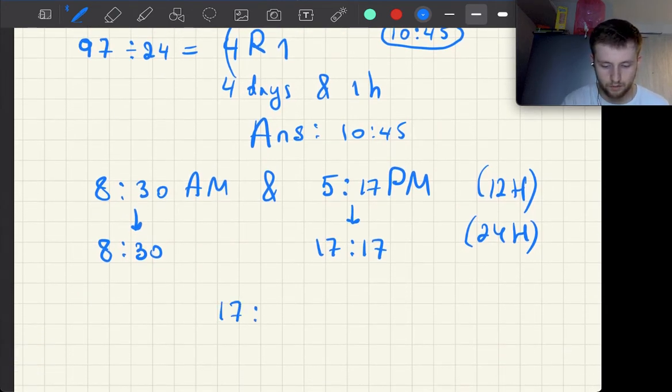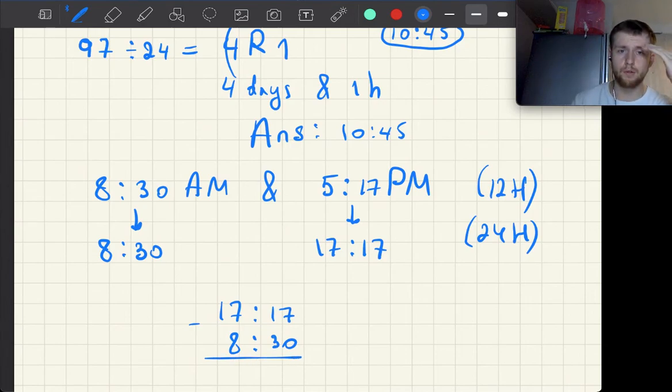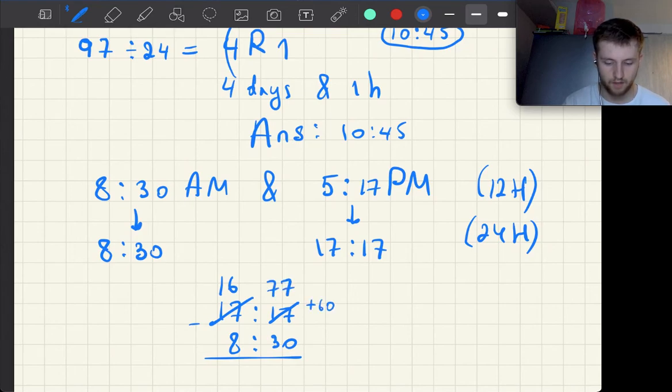So we can do this: 17:17 minus 8:30. What happens here is we can't really subtract 30 from 17. This is not how it works. So we have to borrow 1 hour. So we borrow 1 hour, and instead of 17 hours we're going to have 16 hours, and here we have an extra 60 minutes. So we have 77 minutes now.